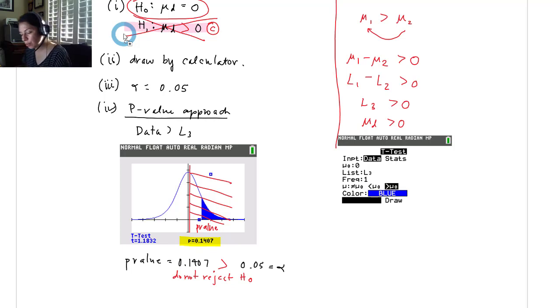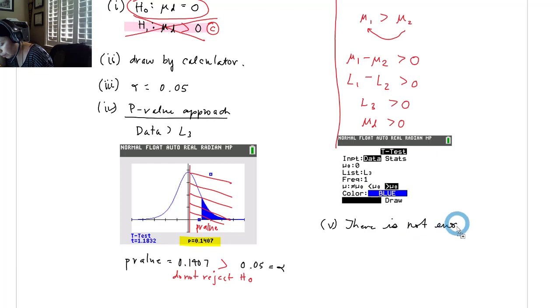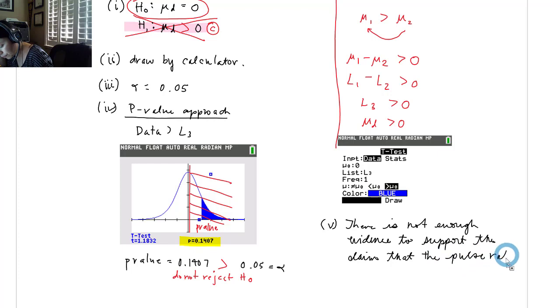So let's go ahead and interpret that and write that out. So in step 5, we can say that there is not enough evidence to support the claim that the pulse rate of an individual prior to the GRE exam is greater than after the exam.